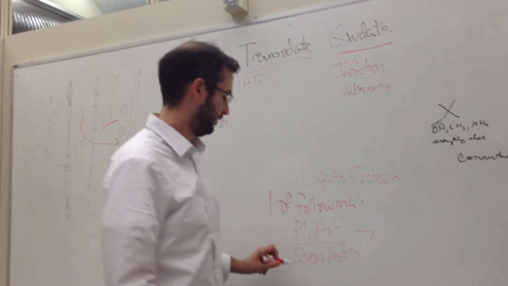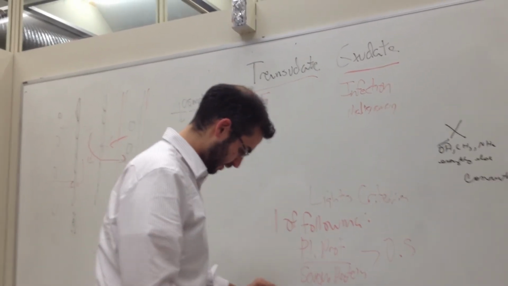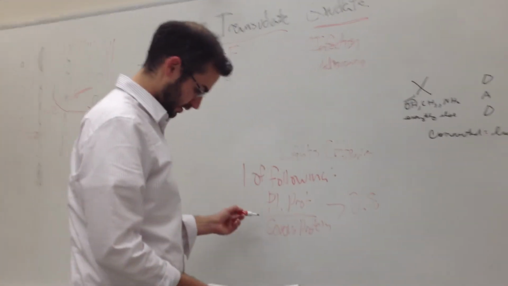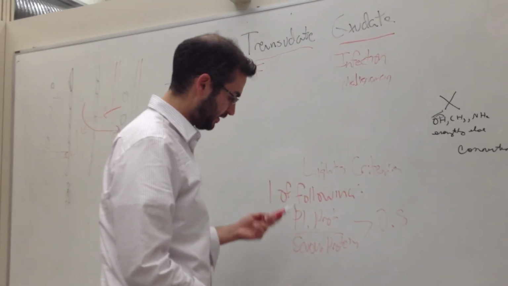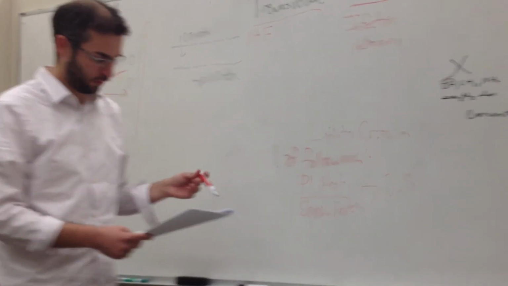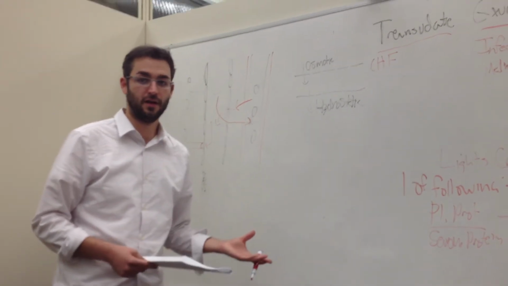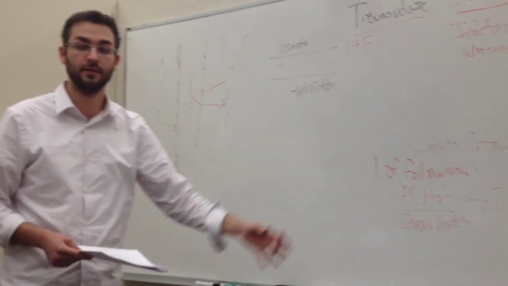The ratio between pleural protein and serum protein greater than 0.5, or the ratio of pleural fluid LDH to serum LDH greater than 0.6. Also, the pleural fluid LDH level is greater than 2/3 the upper limit of normal. Any of those three meets Light's criteria, and you're dealing with an exudate.